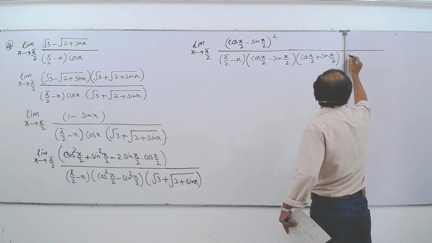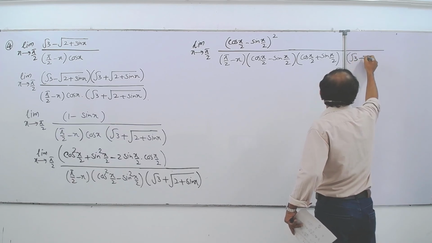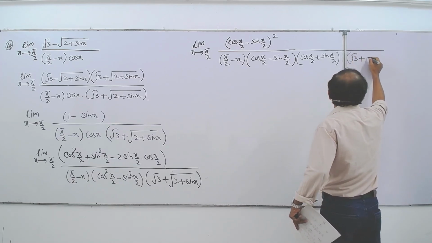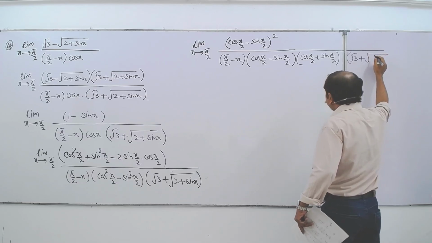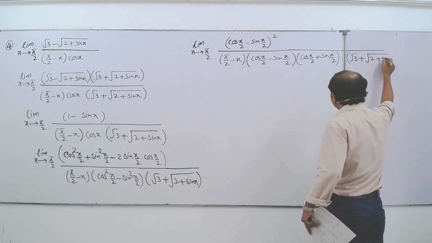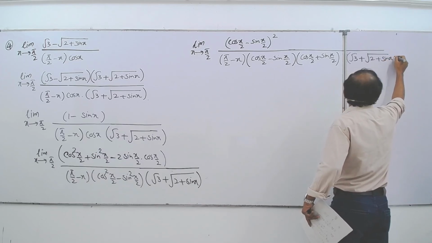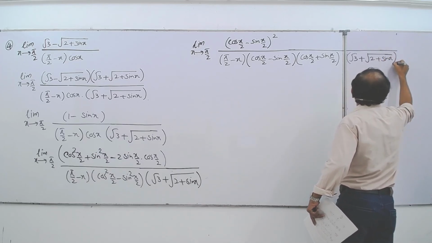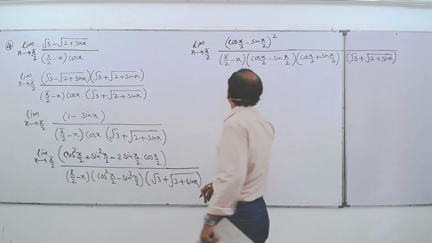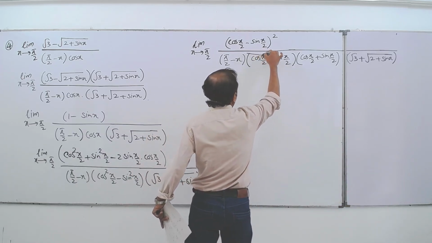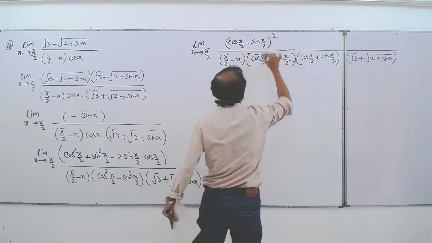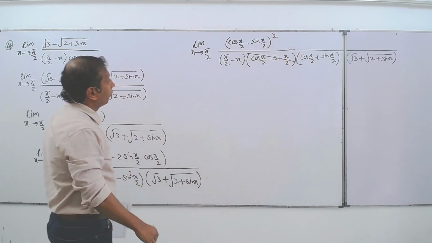And in bracket root 3 plus root 2 plus sin x. This way. Then this factor you can cancel down with this. Okay.